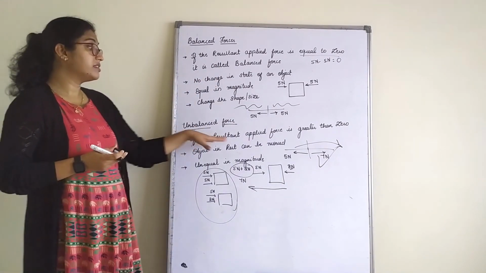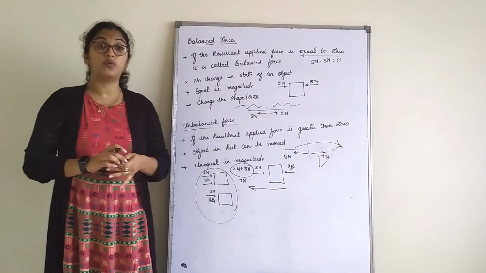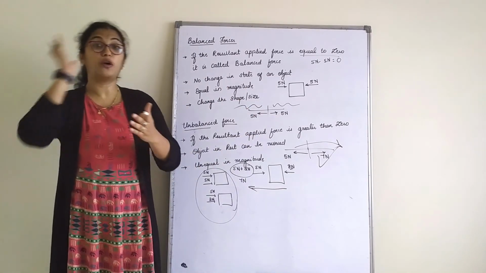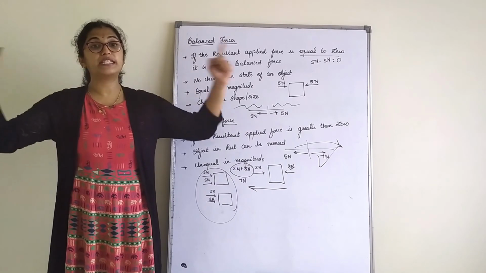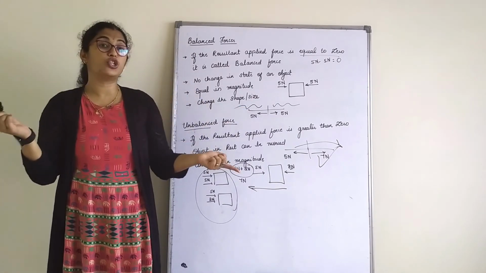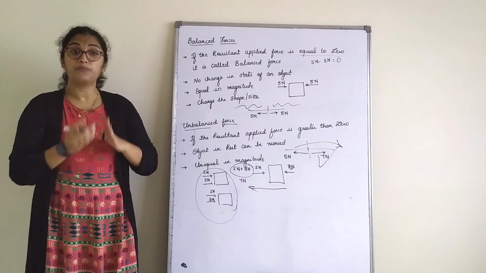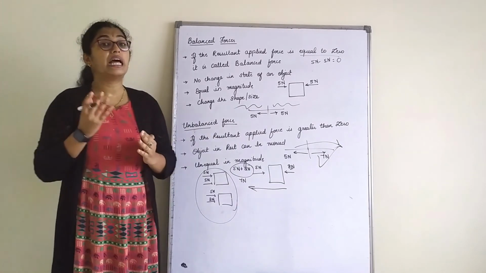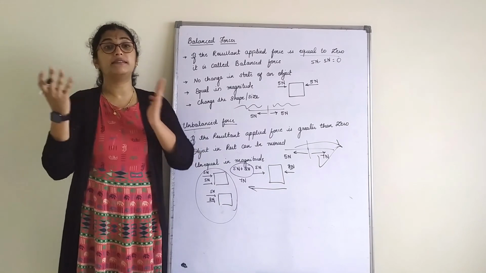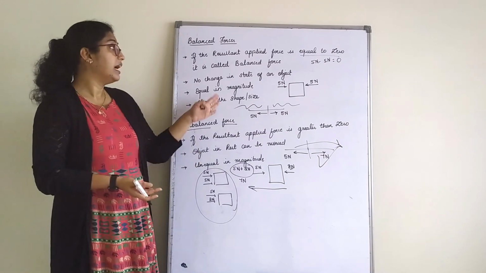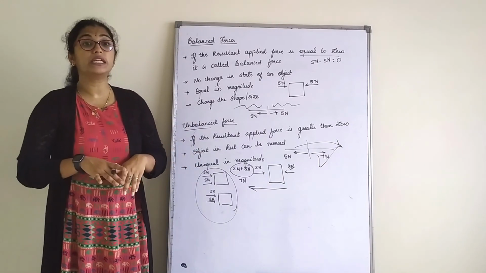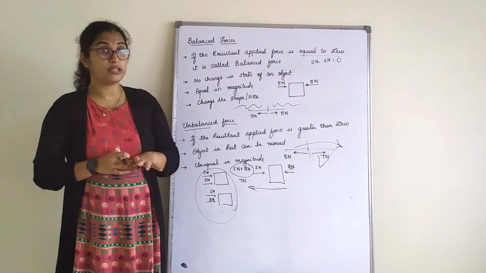Unbalanced force: the resultant force is greater than 0 and it is applied from the same direction, or if it is from the opposite direction, whichever side the force is more, it actually moves there. So one thing we remember, in unbalanced force, the object displaces its position, and in balanced force, the object is at rest, that is stationary.